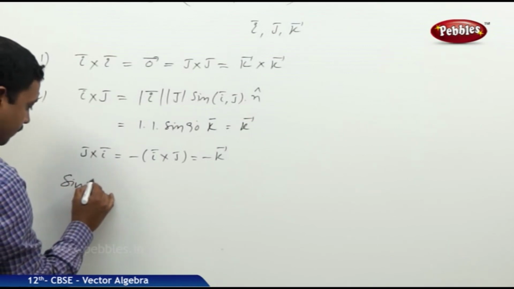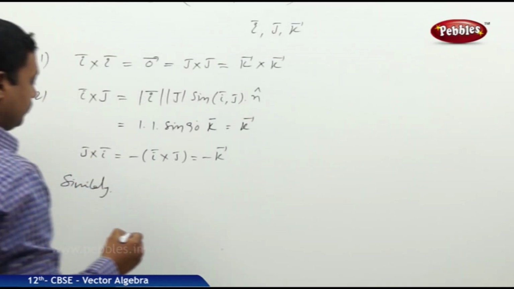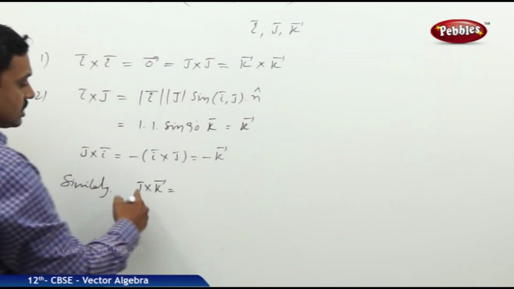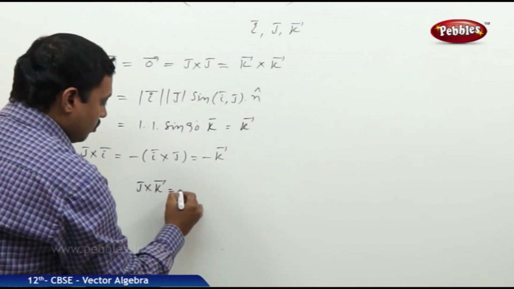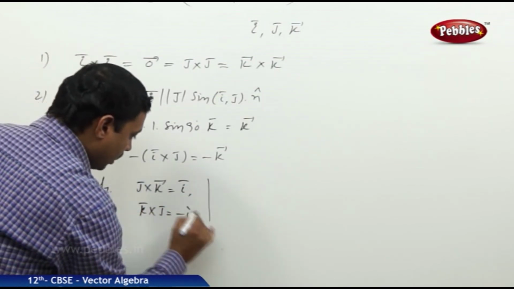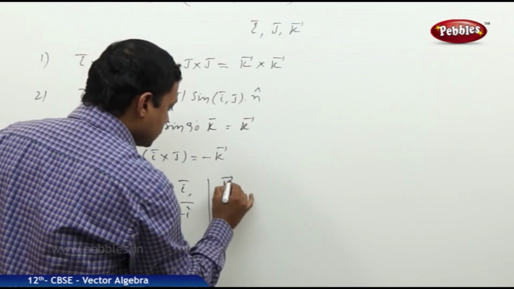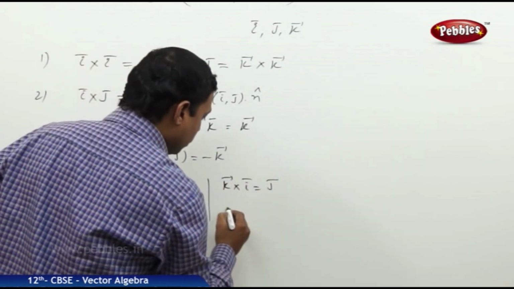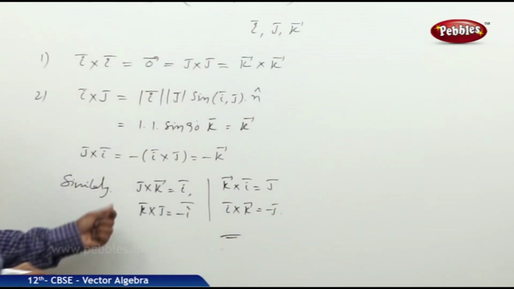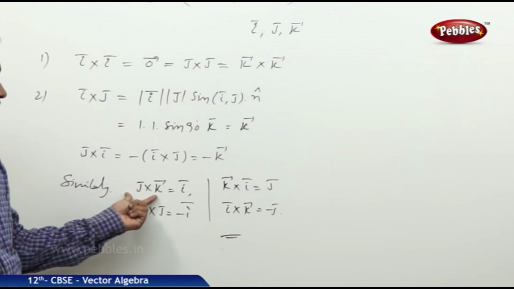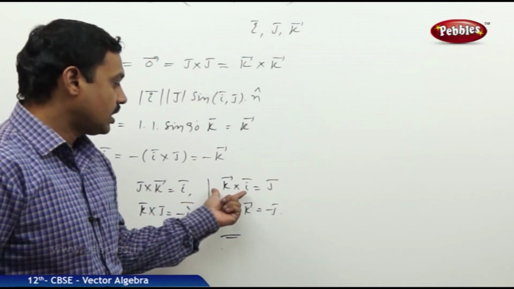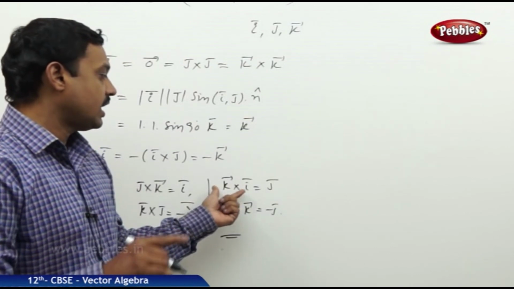Similarly, j cross k is equal to I vector, and k cross j equals minus I vector. k cross I is equal to j vector, I cross k is equal to minus j vector, because the unit vector perpendicular to j and k in the right-handed system is I. The unit vector perpendicular to k and I in the right-handed system is j.